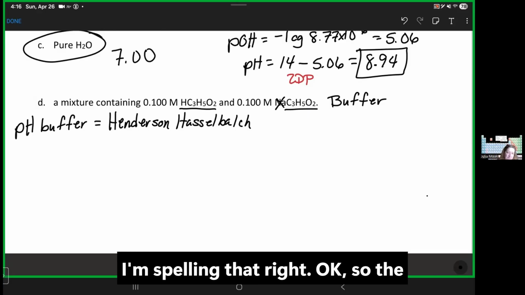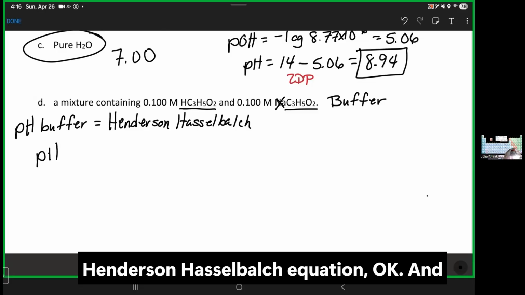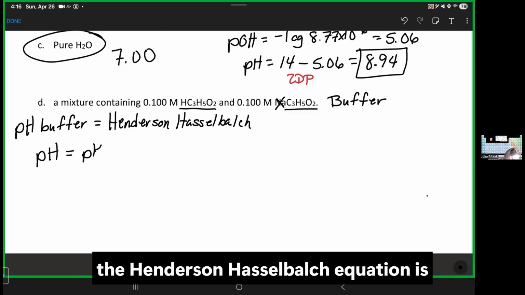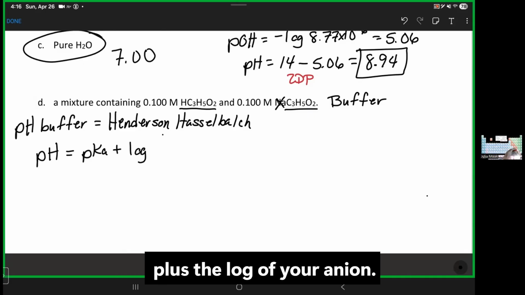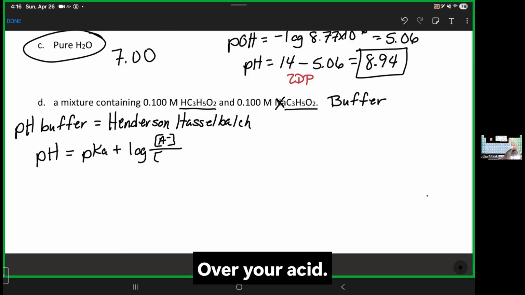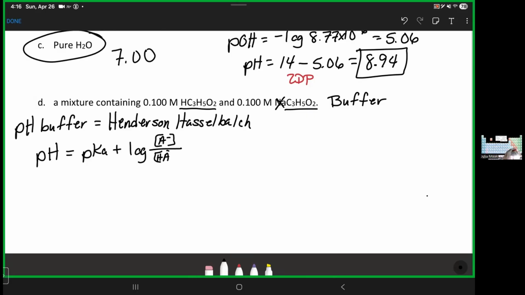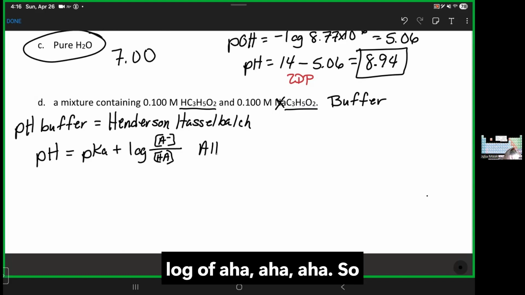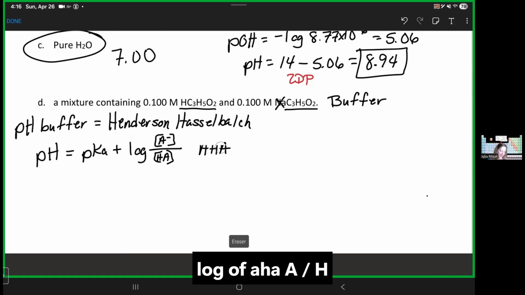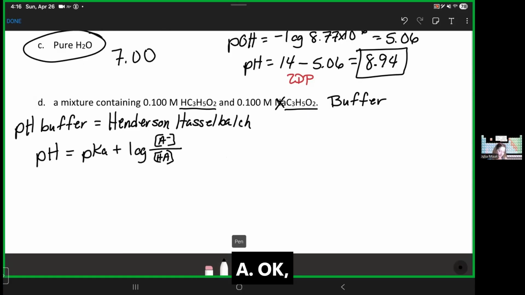Okay, the Henderson-Hasselbalch equation is that your pH is equal to your pKa plus the log of your anion over your acid. I always remember it's the log of AHA: A over HA.